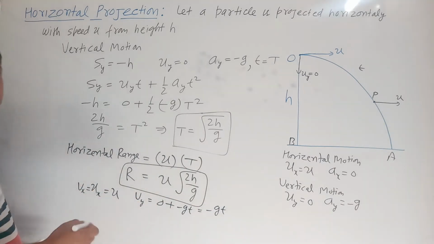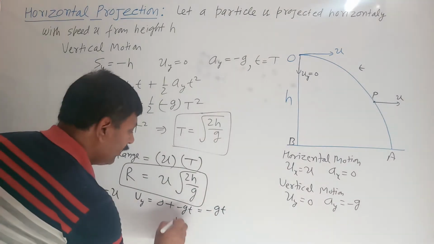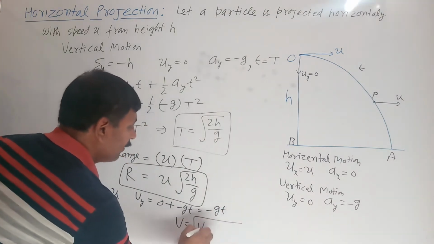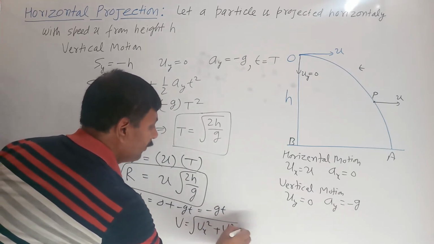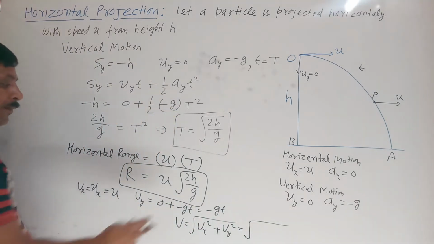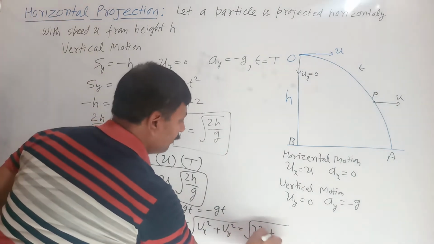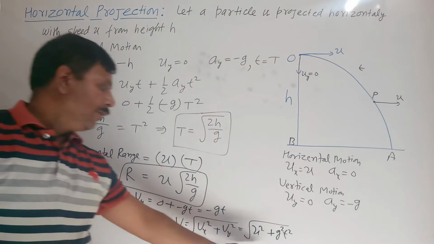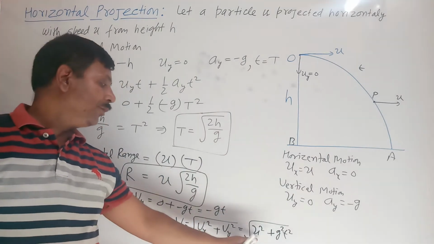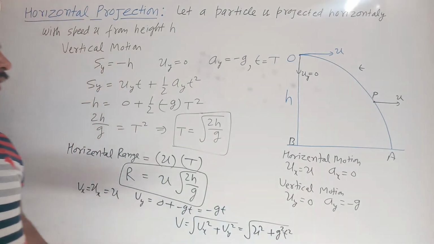Vx, the horizontal component, stays the same, u. So what will be the velocity at that point? V is equal to, what will it be, son? Tell me: root of Vx square plus Vy square, horizontal component plus vertical component. So V is under root u square plus g square t square. This will be the velocity at any instant.